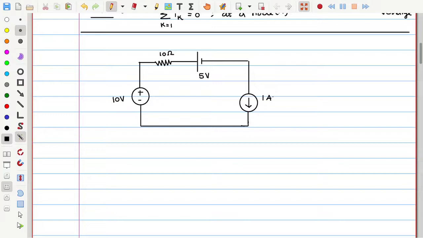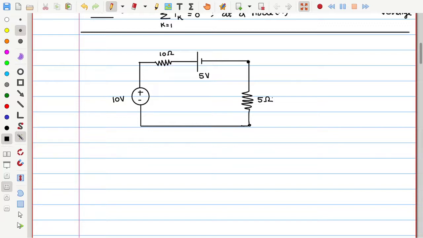Prior to this, let me make a simple arrangement and give this diagram, with a resistor of 5 ohms. This is a simple circuit.